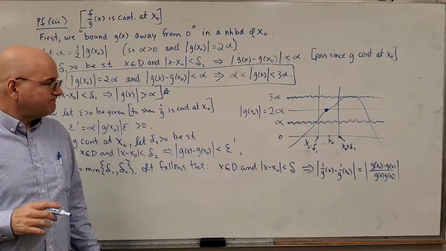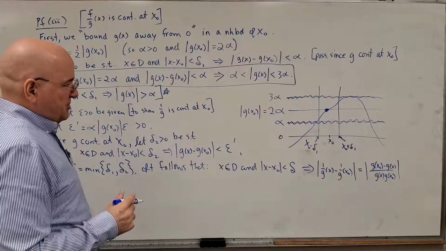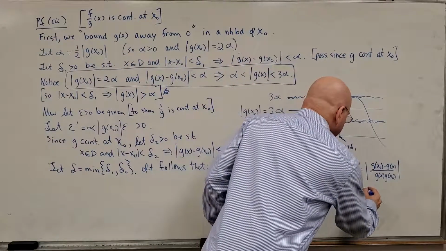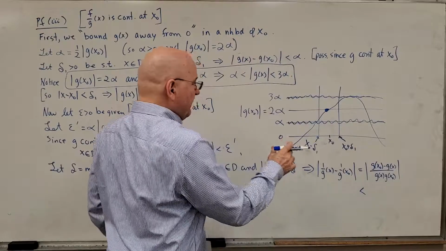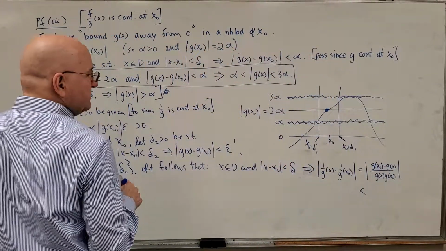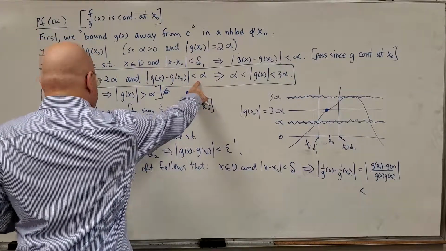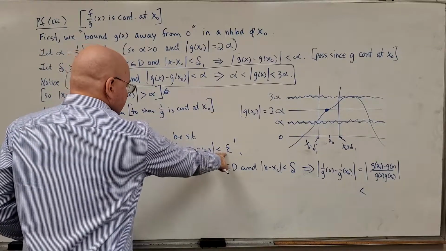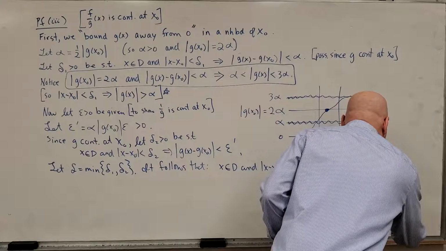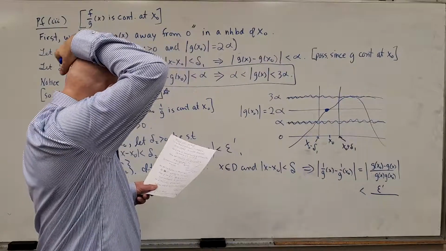Almost done. What do we know about that fraction? Well, what do we know about the numerator of that fraction? What do we know about the absolute value of g of x naught minus g of x? Well, I know that it's less than epsilon prime. And I'm going to replace that with epsilon prime on top. That numerator is less than epsilon prime.